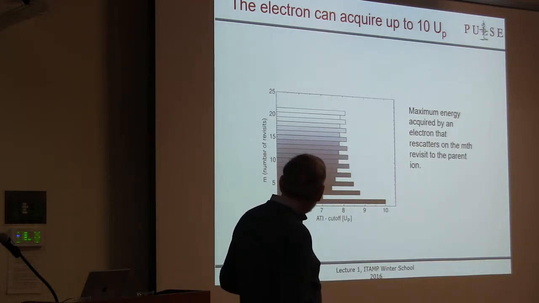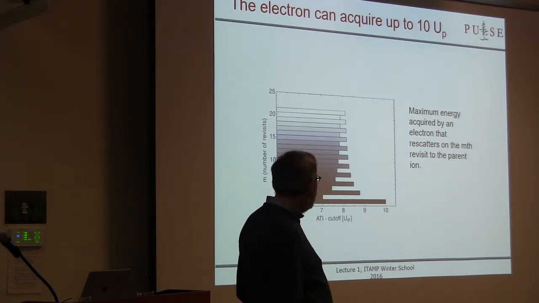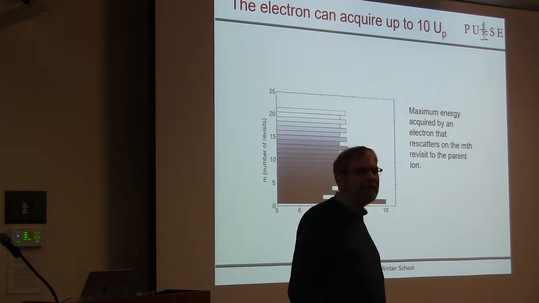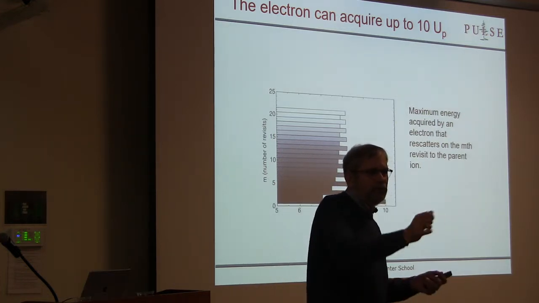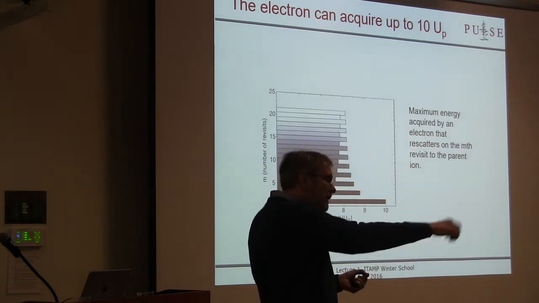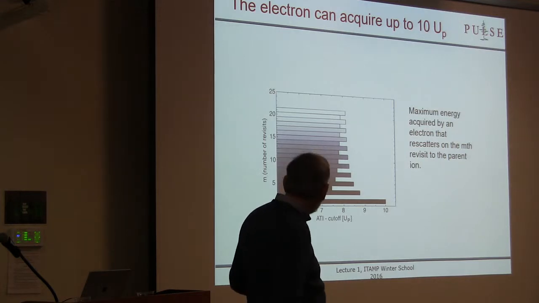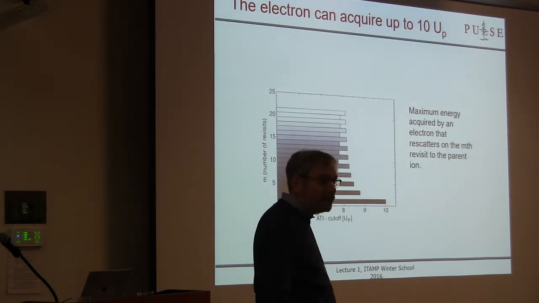In fact, this plot here shows along the bottom here are all of the electrons that bounce off on their first return to the atom. If they miss that first time and they come back and bounce off on the second return, that's n equals 2. If they go to the third time, that's n equals 3, and so on.